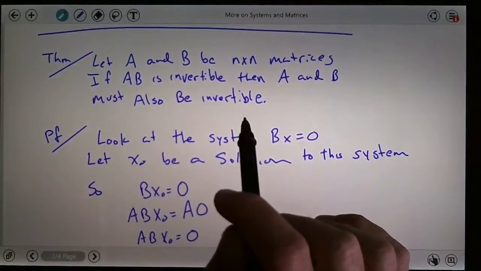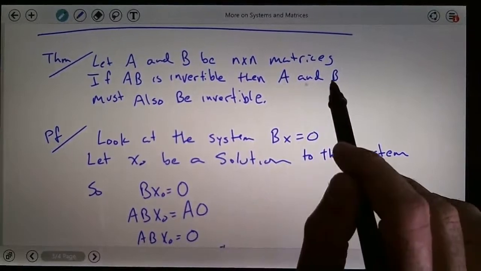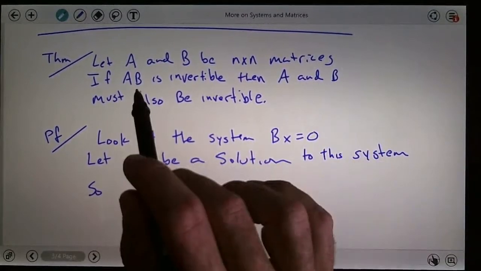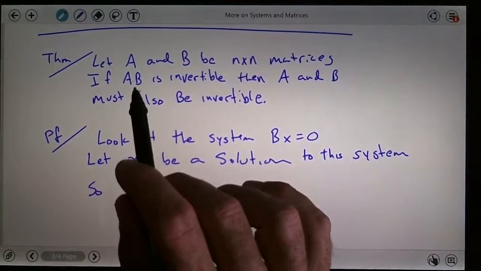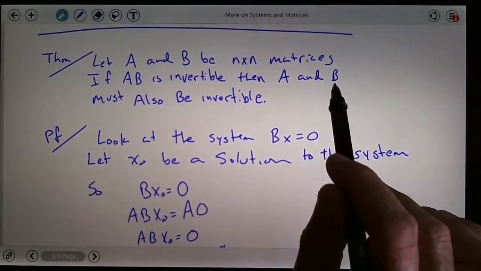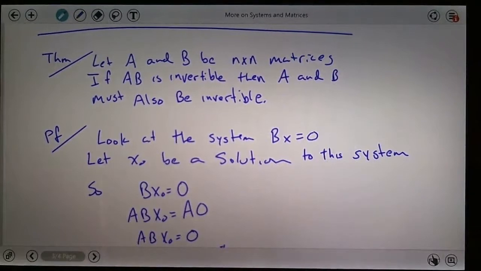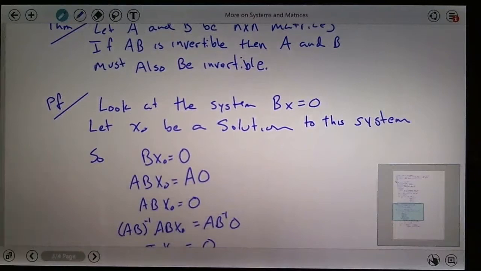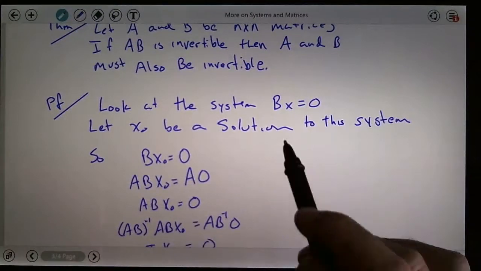We had a theorem a couple of days ago that says if A and B are invertible, then the product is. This is going backwards. This is saying if the product is invertible, then so must each of these be invertible. So what we're going to do is we'll again use that equivalent statements theorem to get the results we want.